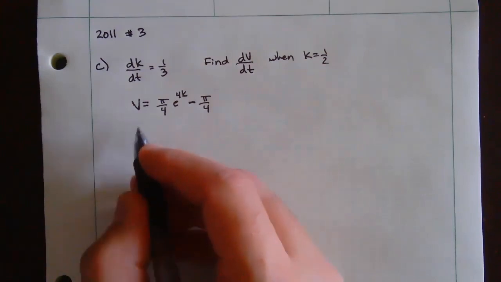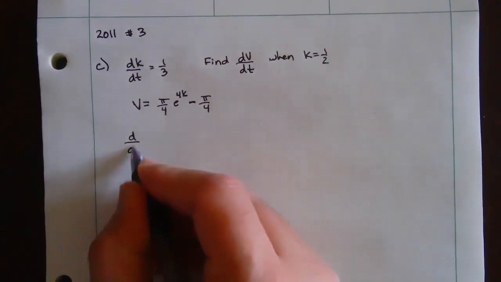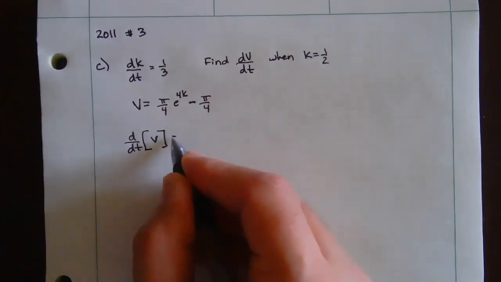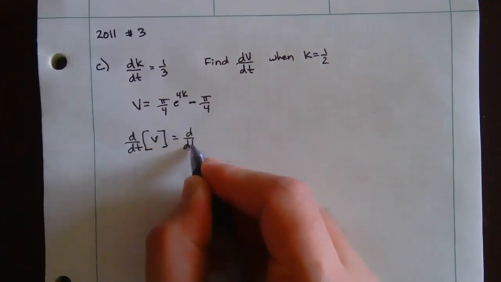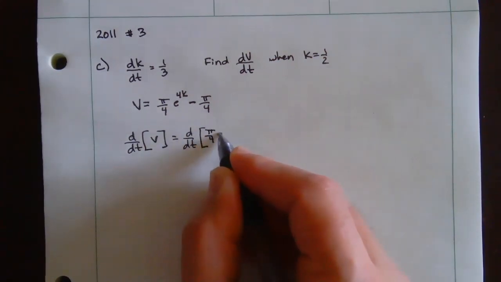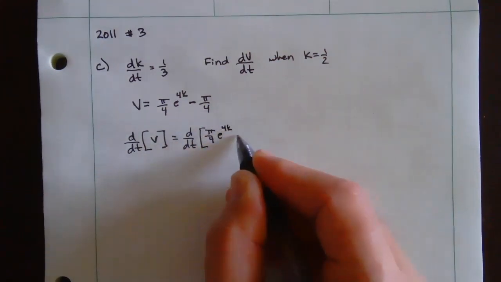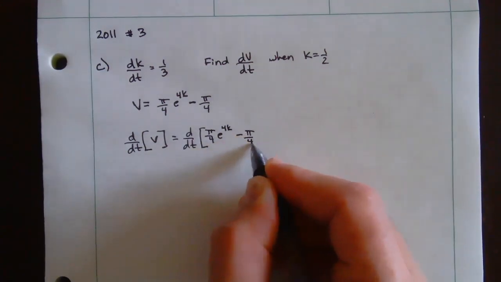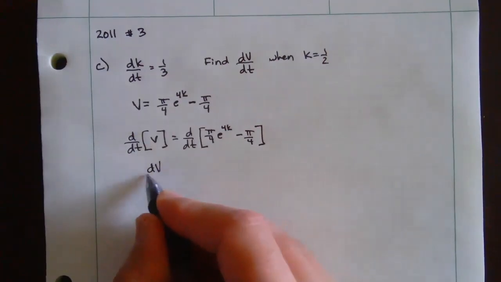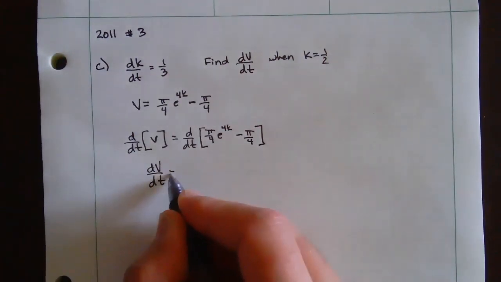All right, so if I take the derivative with respect to time of both sides, this left-hand side becomes dV dt.